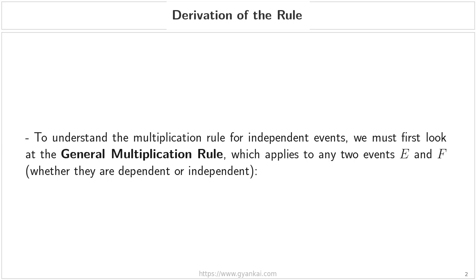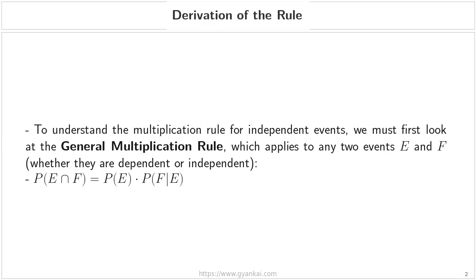Instead, we must first look at the foundation, the general multiplication rule. This rule is more universal because it applies to any two events, E and F, regardless of whether they are dependent or independent. The formula is written as the probability of E intersection F equals the probability of E, multiplied by the probability of F given E.